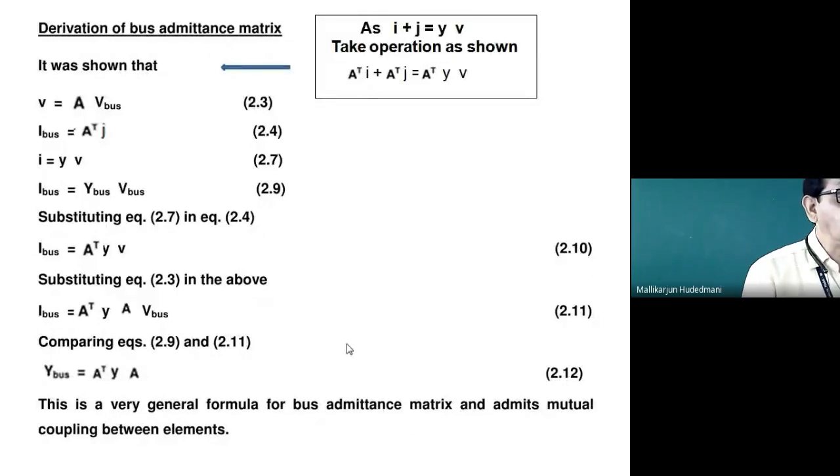In this equation, where I bus equal to A transpose primitive element matrix into A into V bus, if I take V bus at the denominator of the LHS side, I'll be getting Y bus equal to A transpose into primitive elemental matrix into A. This is called the transformation of the primitive elemental admittances, parameters and variables into a meaningful representation as Y bus.